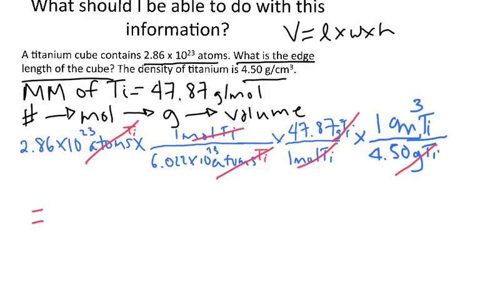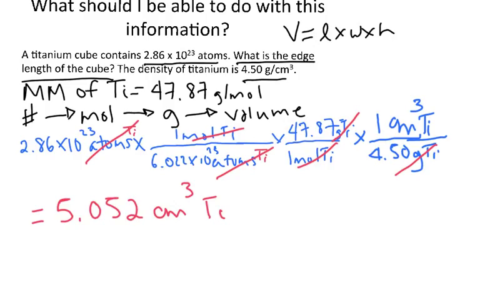All right, and I get 5.052 cubic centimeters of Ti. All right, so if volume, and this isn't in the correct sig figs, we'll deal with that in just a second.